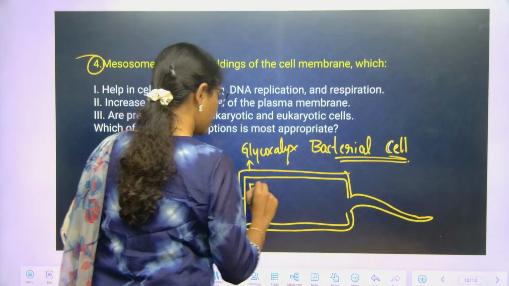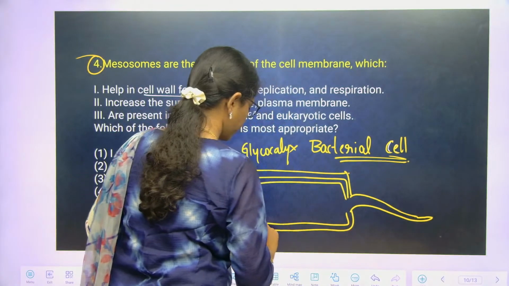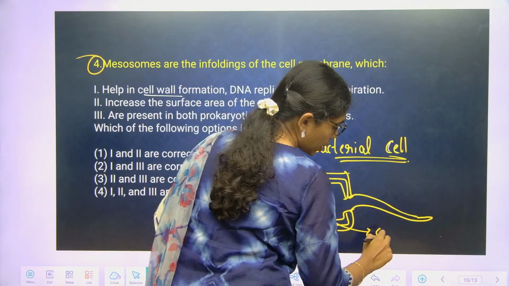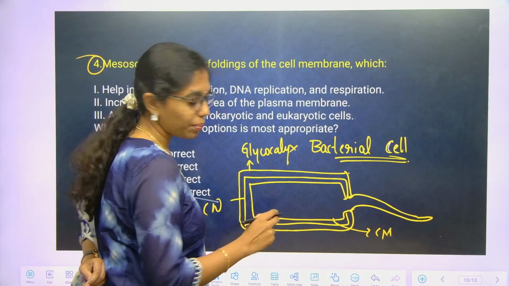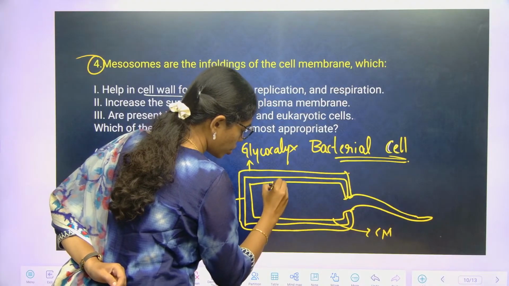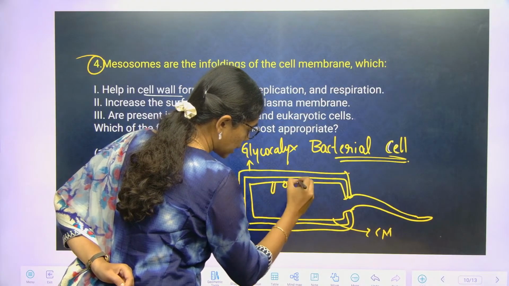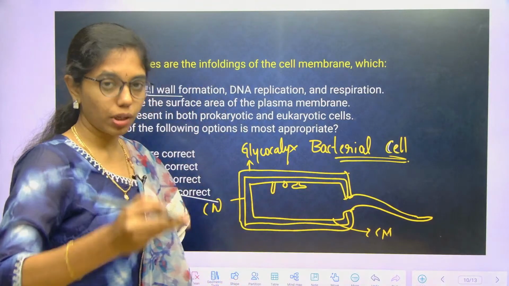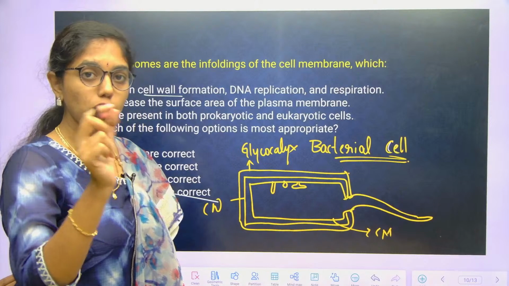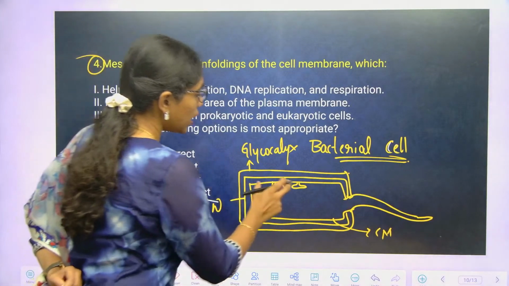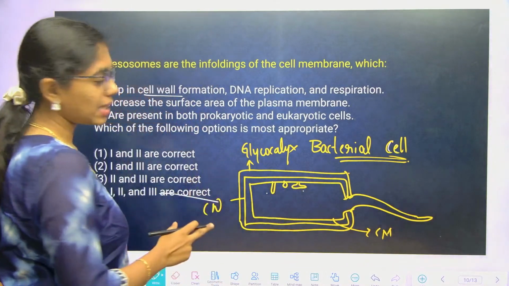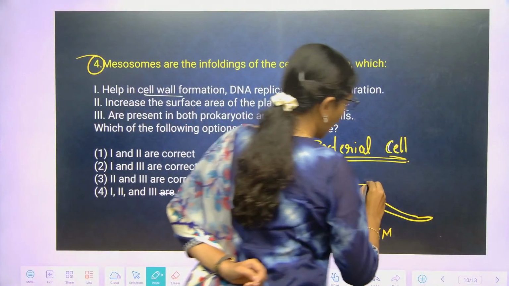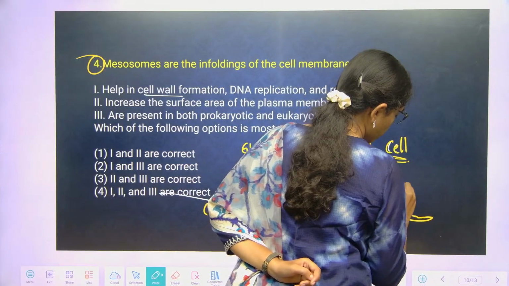Next, cell membrane. The extensions of cell membrane can be tubular, or in the form of vesicles, or lamellar. Any type of extensions, be it tubular, vesicles or lamellar. These membranous extensions from the cell membrane towards the cytoplasm are addressed as mesosomes.